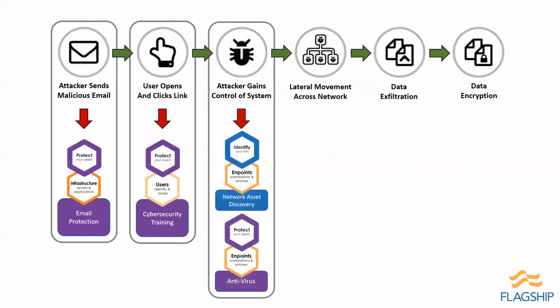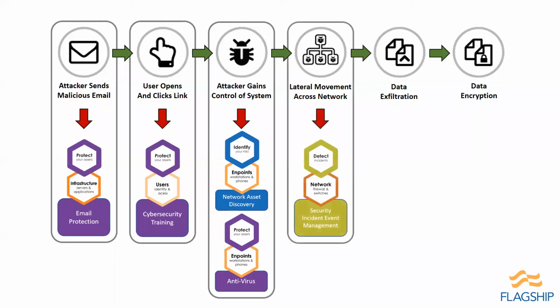We often refer to this as shadow IT, which is the use of devices without the approval or setup from the IT department. So, a simple network asset discovery solution would have ensured that IT knew about the system and knew it was on the network. And because they didn't know about the machine, it didn't have antivirus installed, which could have possibly detected and stopped the malicious code from running.